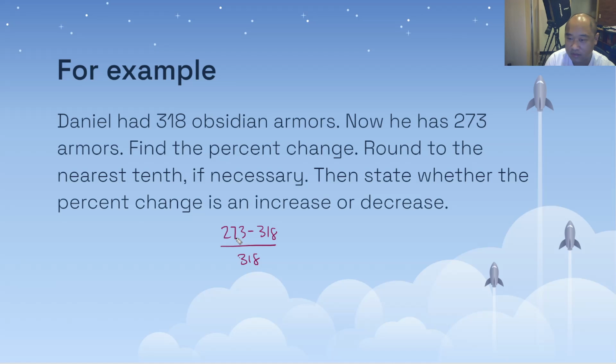And what is this? This is 27 and 18, 27 and 18, 27, 37, 45. So it's 45. I'm going to do it over on this side, actually. 45 over 318. And this is a negative number.